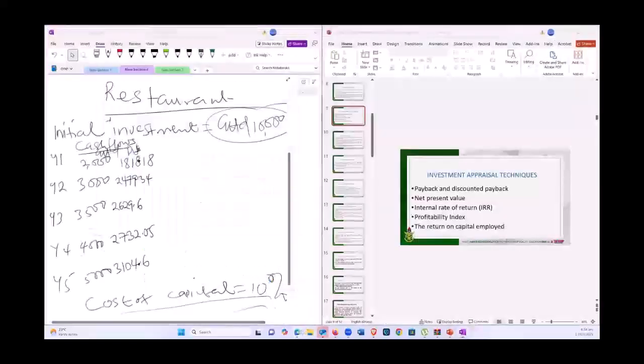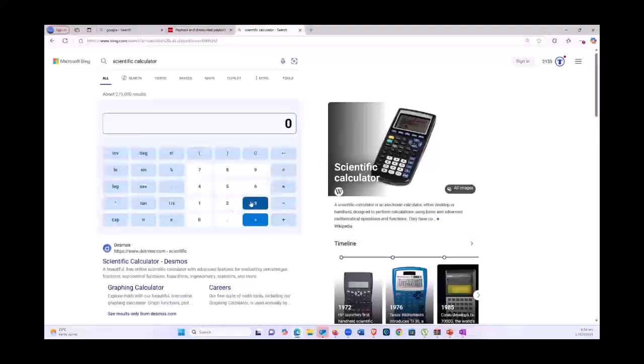Year 3, 3,500 divided by 1.1 raised to the power 3 is 2629.6. Is that what we have there? Yes, sir.